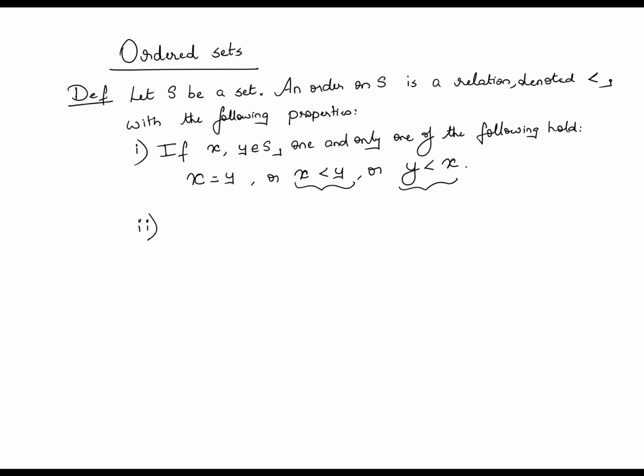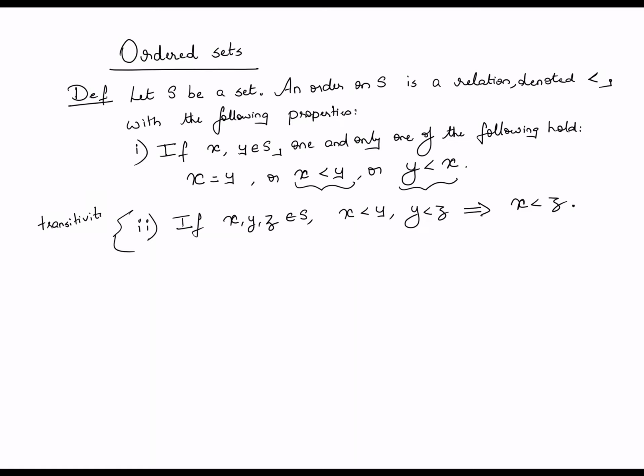The next condition is the following. If you have, let's say, x, y and z belonging to S, and if it turns out that x is less than y and y is less than z, then you must have x less than z. Okay, so the order that you have defined, see, order is a pairwise relation, so it is a relation that holds between any two elements of the set, but there should be a certain transitivity in the definition of the order.